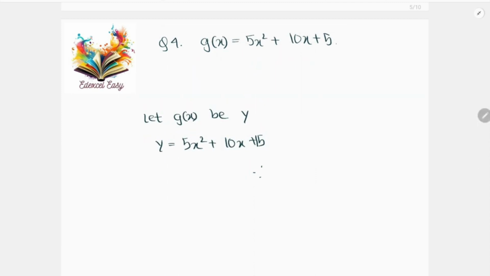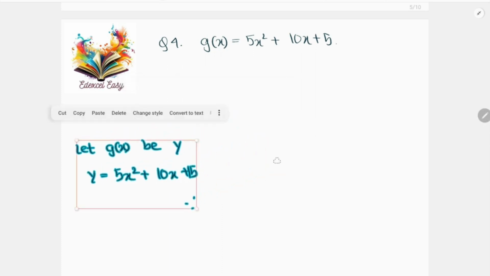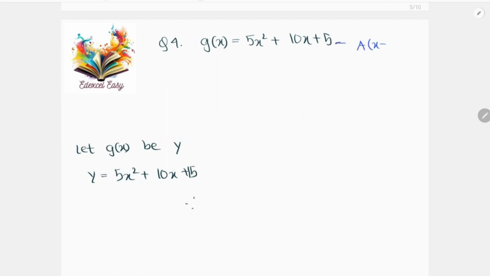So using the same format of completing the square, I'm going to convert this into the form of capital A (x plus capital B) whole squared plus capital C. So you can find the value of A as 5, because the value for A was small a. The value for capital B would be small b over 2a, which is basically 10 over 2 times 5, that's 1.